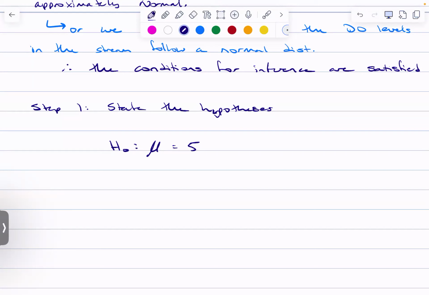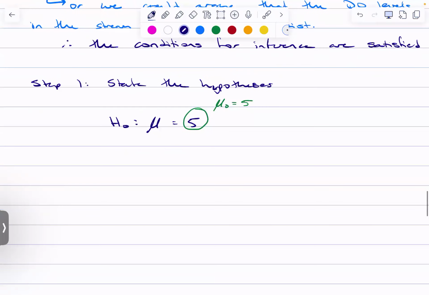My alternative hypothesis, so now my mu naught is 5. What happened here is mu naught is 5, but I grabbed it from the question, and that's the value I want to compare my sample mean to.